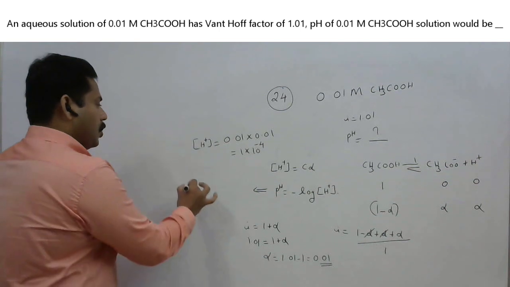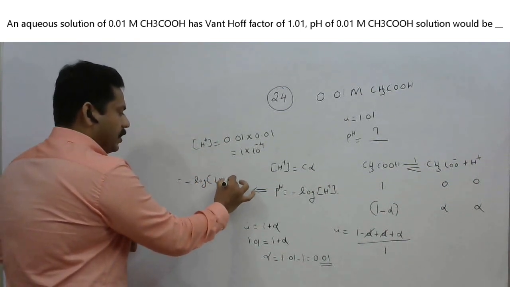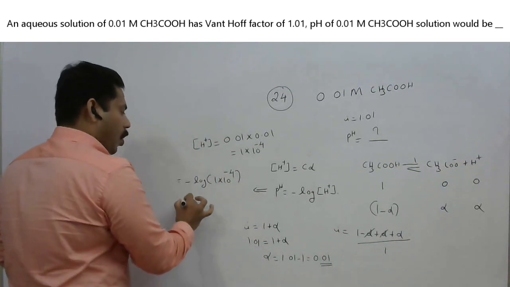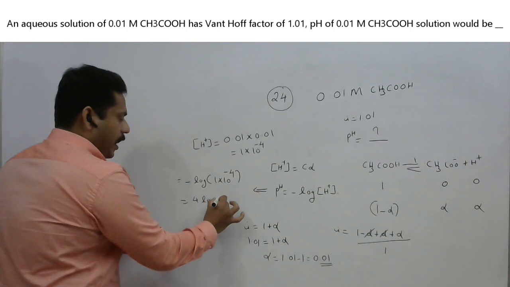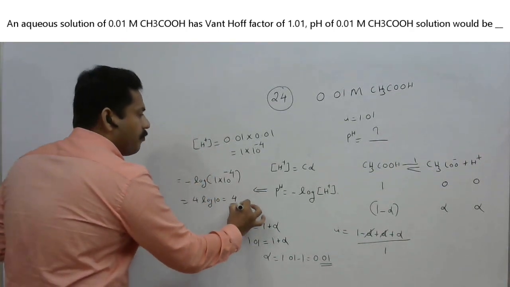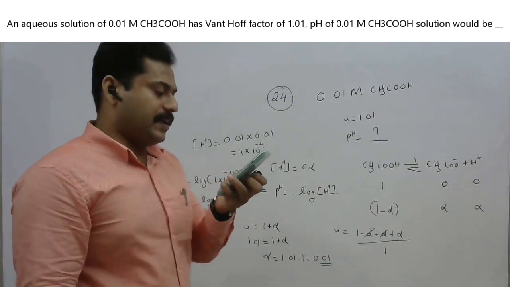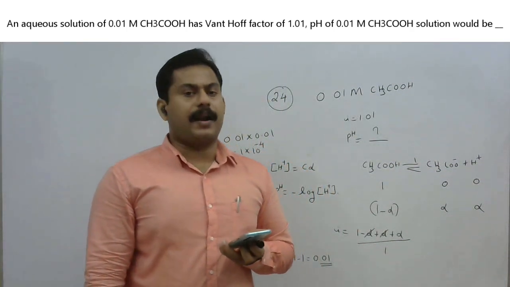So pH is equal to minus log 1 into 10 raised to minus 4. Log 1 is equal to 0, so it becomes 4 log 10, and log 10 is equal to 1. Thereby pH is equal to 4. So that is the given answer. That is an integer type question. 4 is the correct answer.